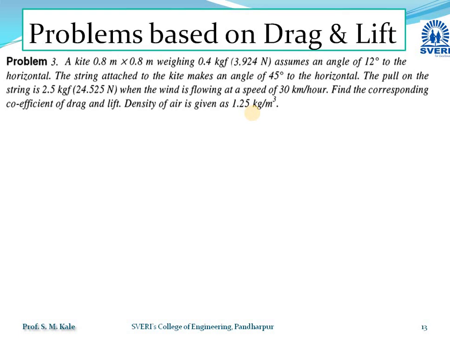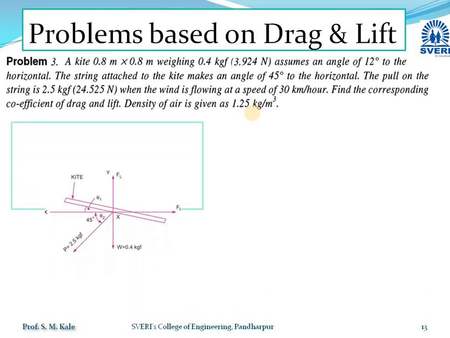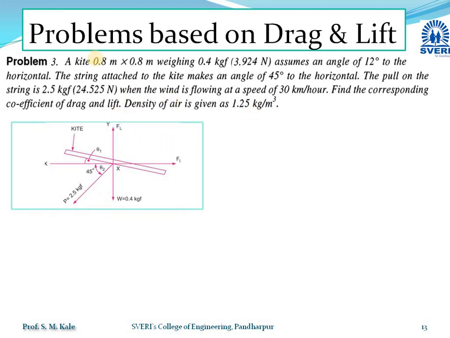Here, for better understanding, we will first draw one diagram. Suppose this is a kite whose area is 0.8 into 0.8 meter, and whose weight is 0.4 kgf, that is nothing but 3.924 Newton.